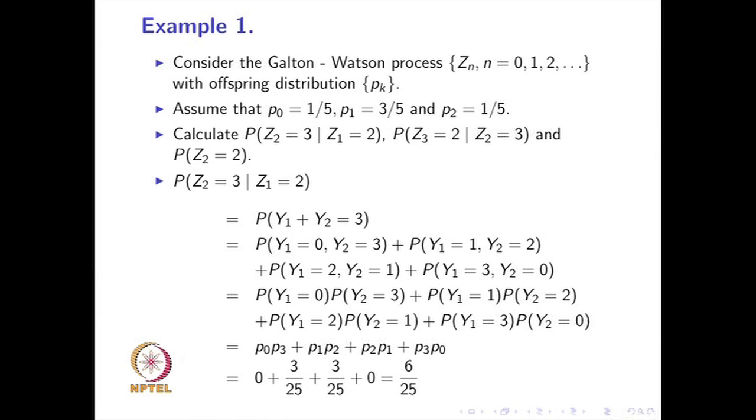The probability of y1 equal to 0 is nothing but P0. The probability of y2 equal to 3 is nothing but P3. Similarly, the second expression is P1 times P2, the third one is P2 times P1, the last one is P3 P0. Since P3 is equal to 0, the first term and the last term will be 0. So, you will get P1 P2 plus P2 P1, that is the same as 6 by 25. So, this is the conditional probability of Z2 equal to 3 given Z1 equal to 2.